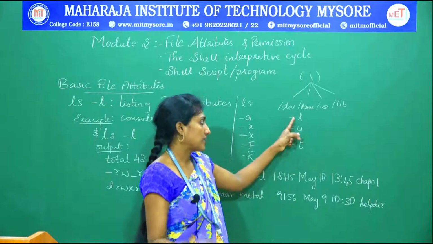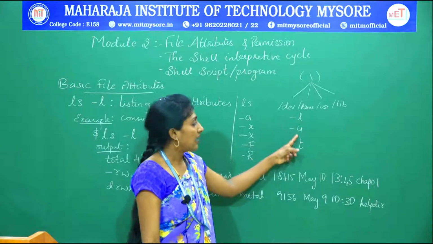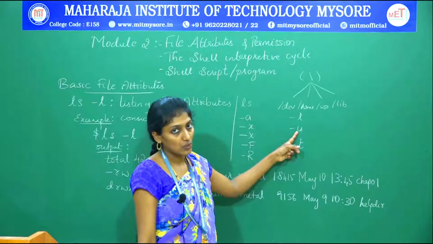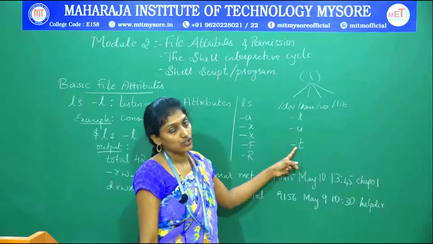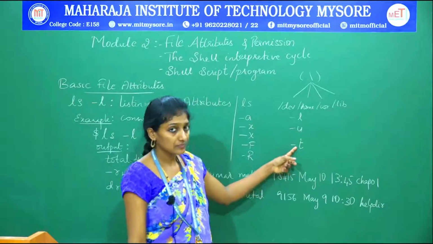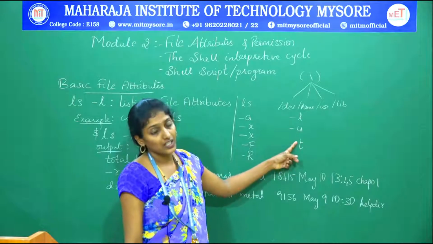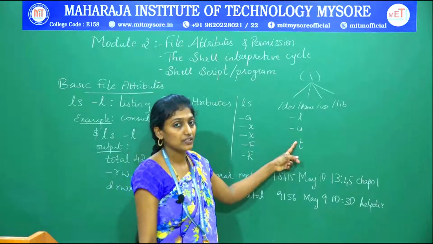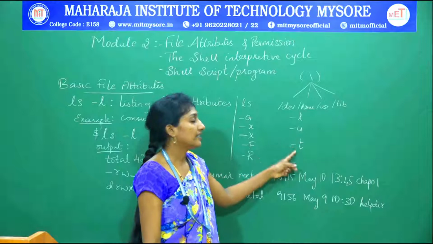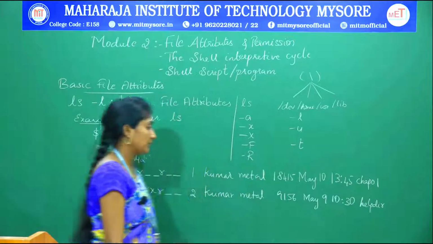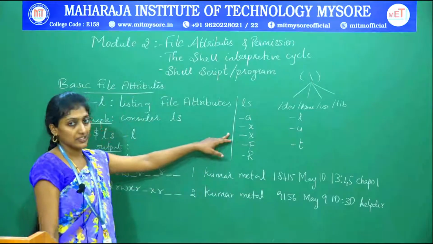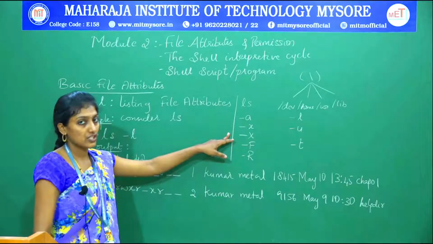All of that is listed out with -l. -u is for last modification time, and -t is also similar, but it does not display the last modified time; it sorts the content by the last modified time. These are the options we discussed in the previous first module.